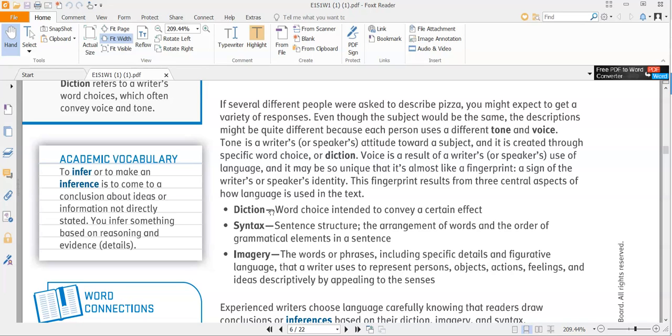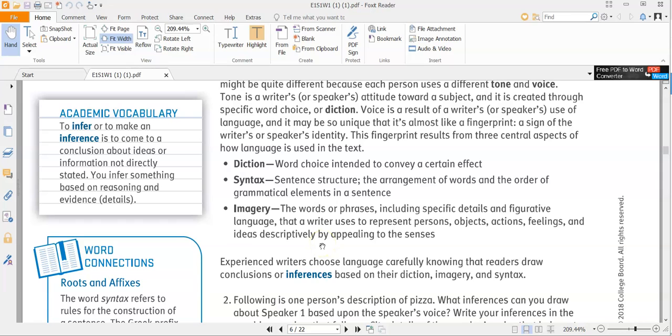Do they have a lot of detail? Are they very basic? Imagery, the words or phrases including specific details and figurative language that a writer uses to represent persons, objects, actions, feelings, and ideas descriptively by appealing to the senses. So the way I like to explain this is that imagery is kind of like the words and details that go along with sight, sound, taste, touch, and smell, your 5 senses, okay?